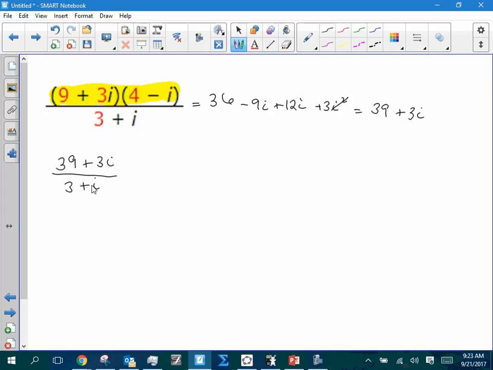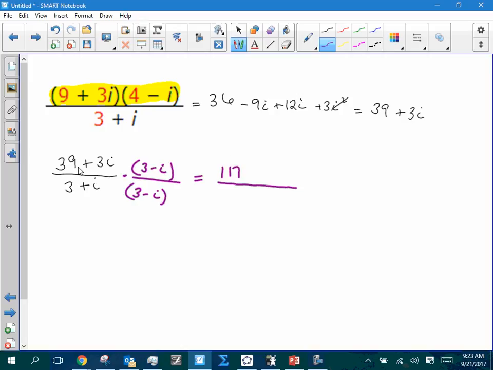Now, what do I do here then? Multiply by the conjugate. So we're going to get 3 minus i there, 3 minus i there. And up top, that's going to be 39 times 3. So 137. Huh? 117.